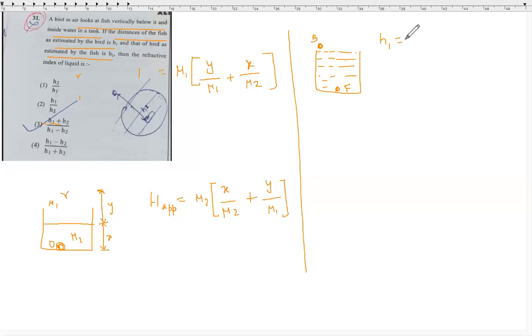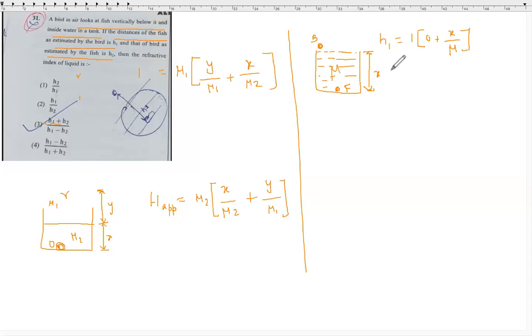So h1 is equal to, by the bird, the refractive index of air, which is approximately 1. So 1 into, if the actual distance is, suppose, x, this distance is 0, so 0 plus x by mu. This is mu.